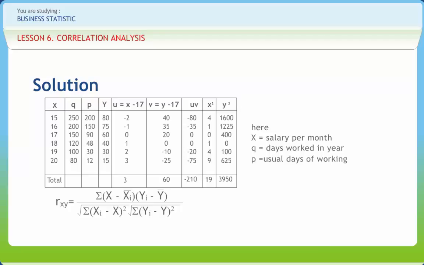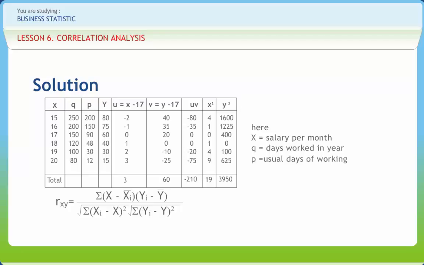First calculate x bar by adding all 6 observations of x, which equals 105. Then divide by 6, it equals 17. Calculate y bar by adding all 6 observations of y, which equals 240, and then divide by 6, it equals 40. Calculate x minus x bar and y minus y bar.